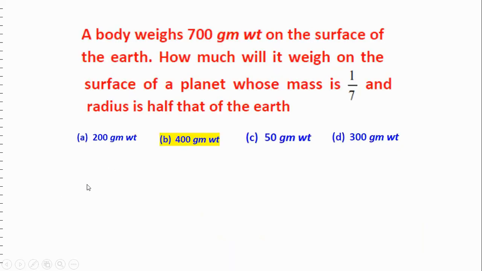Next. A body of 700 gram weight is there on the surface of the earth.